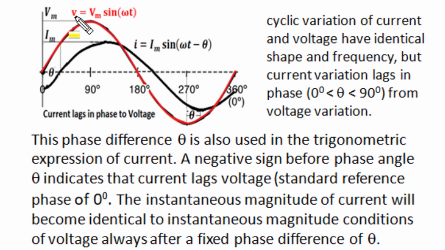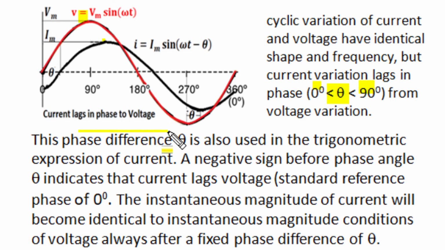The cyclic variations of voltage, shown by the red wave, and current, shown by the black wave, are identical in shape and have the same frequency, but current lags voltage by a phase difference theta, between 0 degrees and 90 degrees, and the positive peak of current will occur after the positive peak of voltage by an angular difference equal to the phase difference.